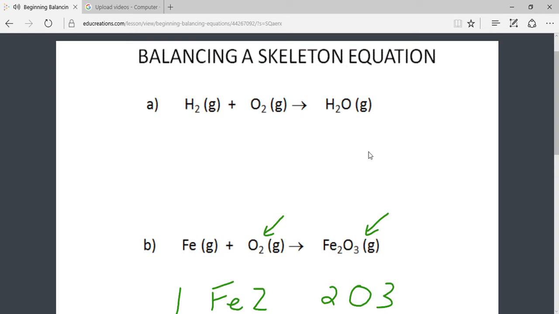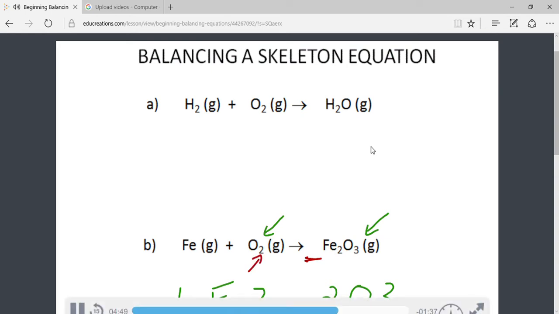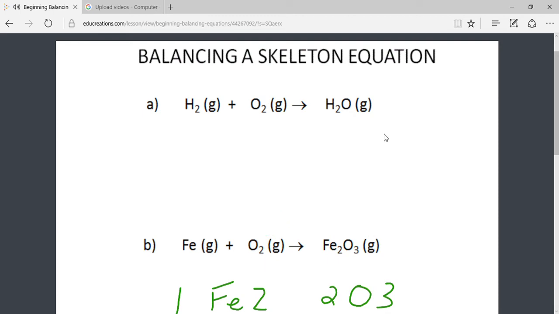Notice there's no coefficient that you could place on the product side that would create the quantity of 2, which is what you have on the reactant side for oxygen. Therefore, we want to think about what number the 2 oxygen on the reactant side and the 3 oxygen on the product side might first meet up at, or what is the multiple where they would meet? The number 6 first comes to mind.